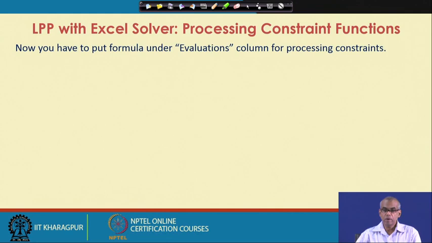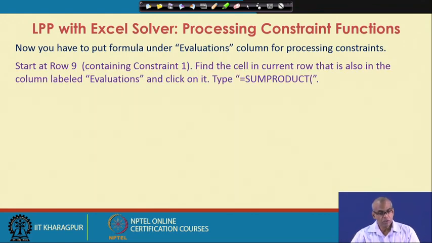Now, similarly, we have to process constraint functions. Now, we have to put a formula under the evaluations column for processing constraints. Start at row 9 containing constraint 1. Find the cell in the current row that is also in the column labeled evaluations and click on it. Type equal to sum product and starting first bracket.